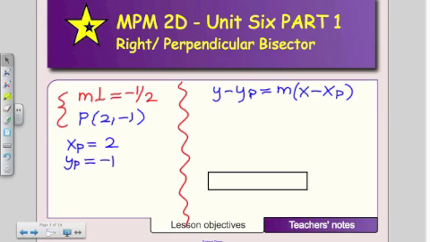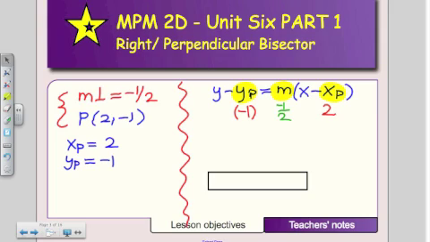Okay. So into this equation, in order to find the equation of a line, I'm going to substitute values for xp, yp, as well as my slope. I know that my yp is -1, my xp is just 2, and my slope is -1/2.